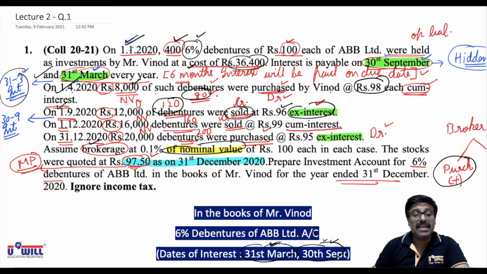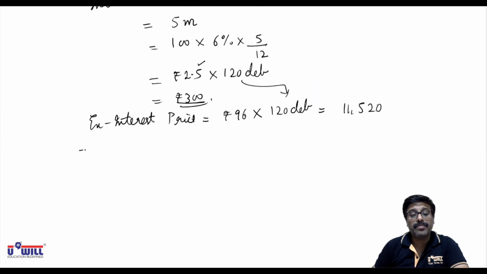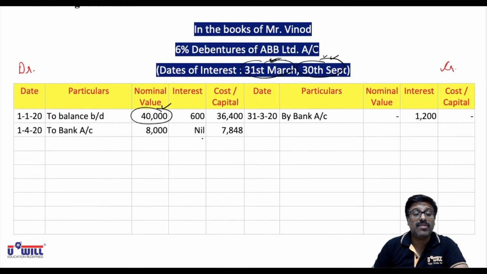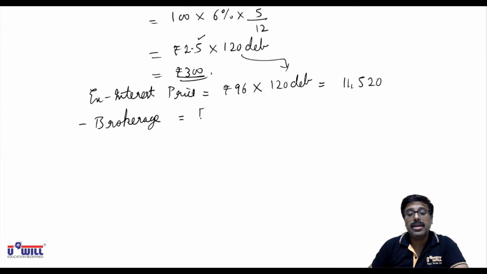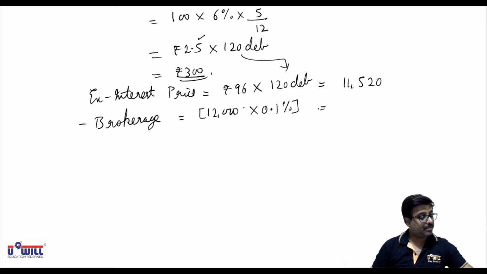When we are selling it, we have to minus the brokerage. When we are buying it, we'll add the brokerage. When we are selling it, we will minus the brokerage. Brokerage, we have to count 0.1% of nominal value. Here nominal value is 12,000 rupees. So 12,000 into 0.1% brokerage comes to 12 rupees.